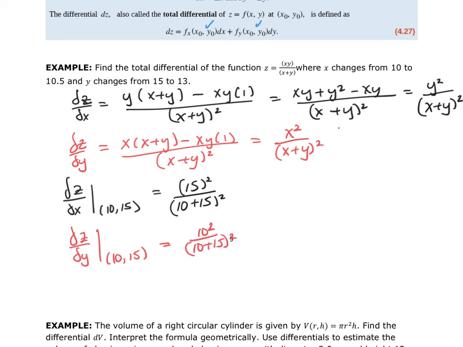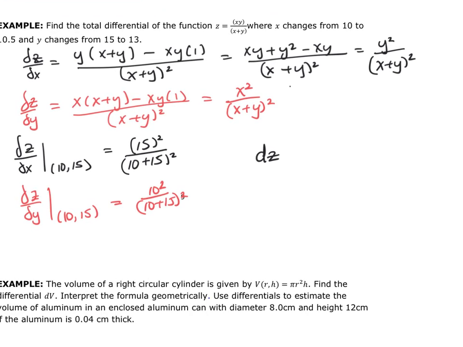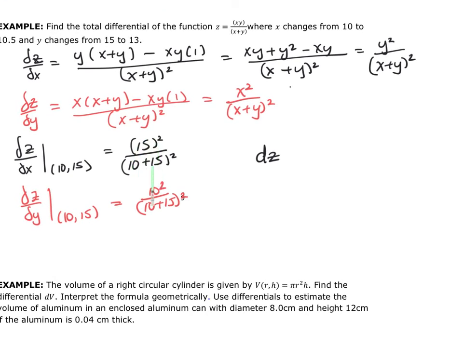Now my dz, and that's not a partial, is going to be equal to this value. I'll get my calculator out, and I've got 15 squared divided by 25 squared.